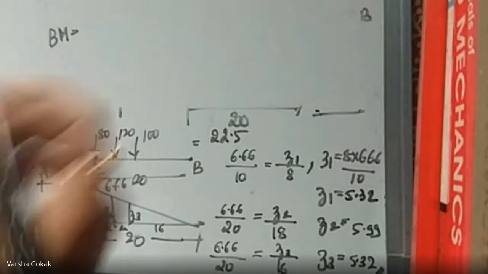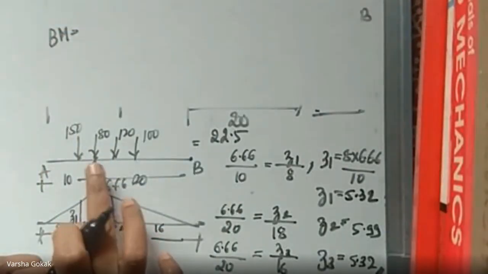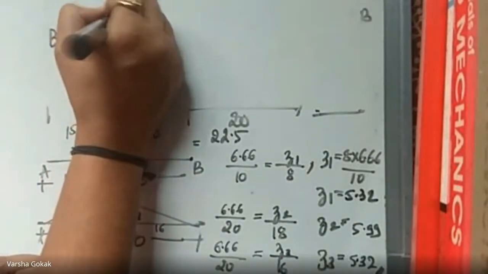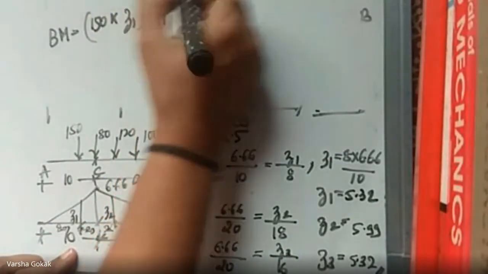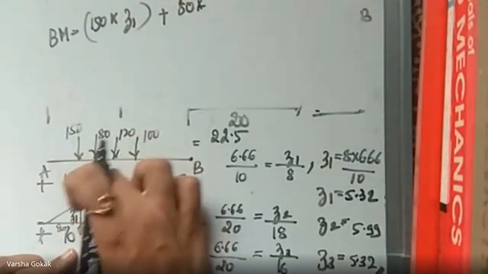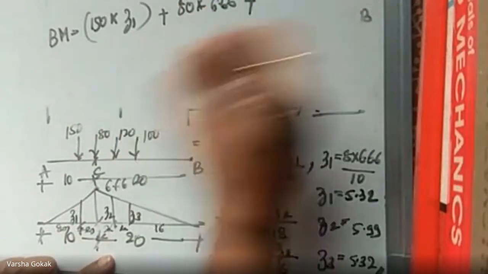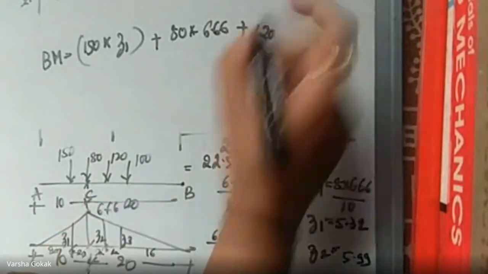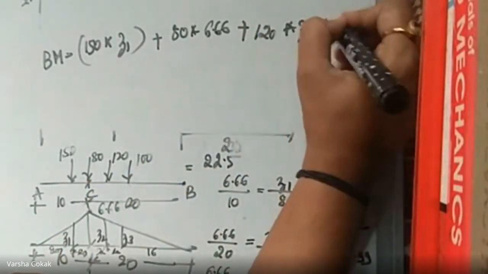the value is going to be equal to load, from here we'll take 150 into Z1, plus 80 into, this is known to us, that is 6.66, plus 120 into Z2 ordinate, plus 100 into Z3.